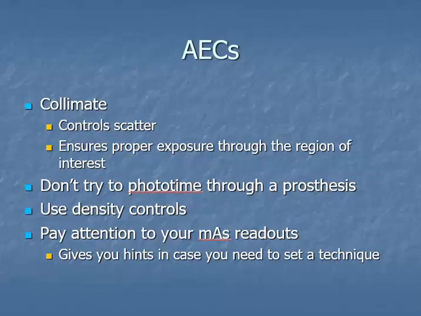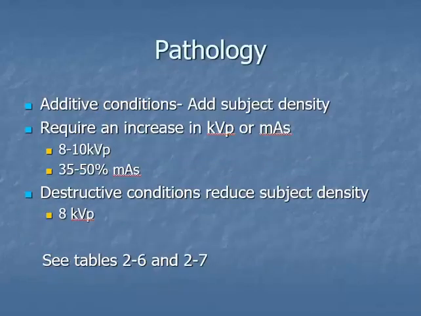As soon as you became second-year students, your checkoffs are dependent on whether or not you can set an adequate mAs. So again, in pathologies, we've got additive conditions, we've got destructive conditions.